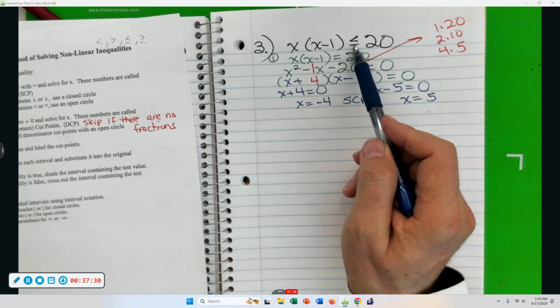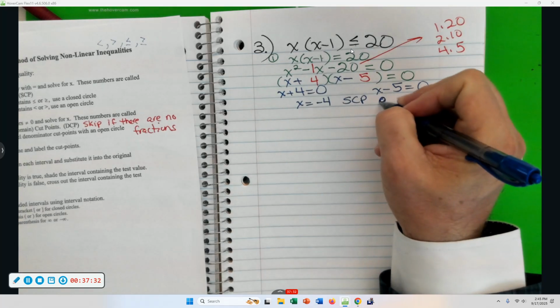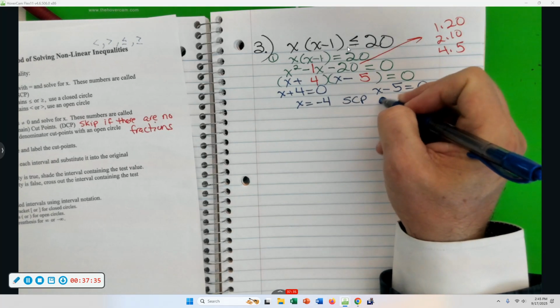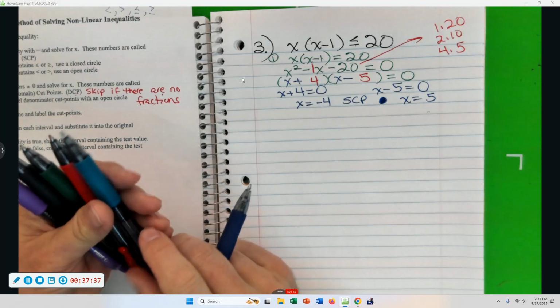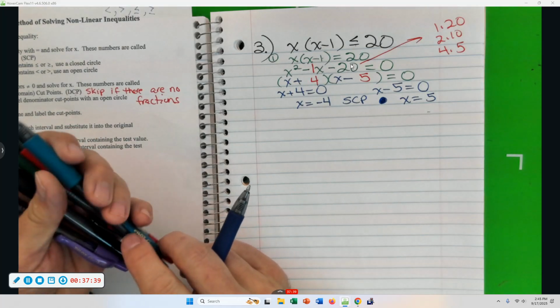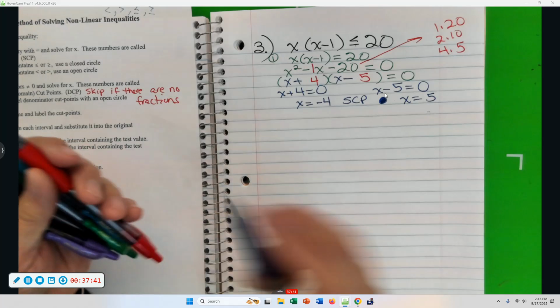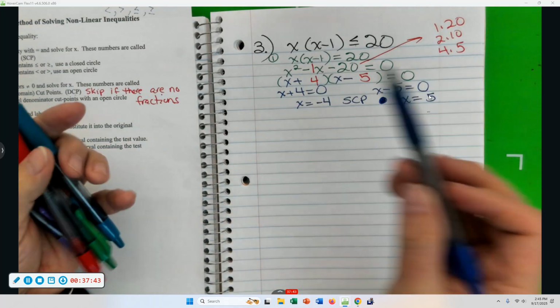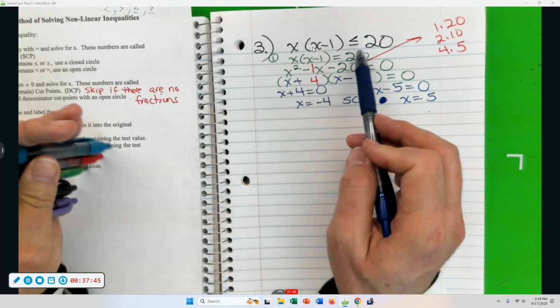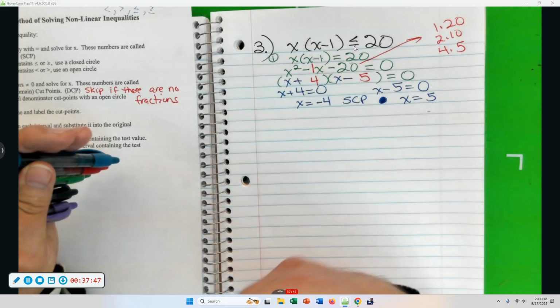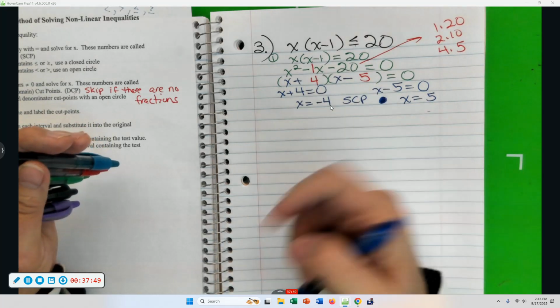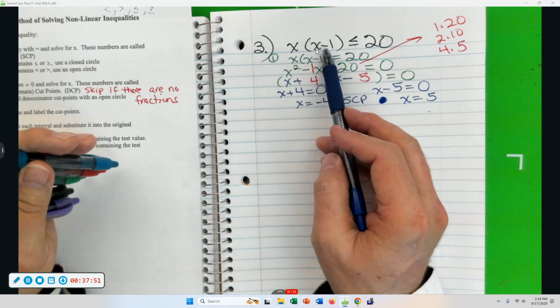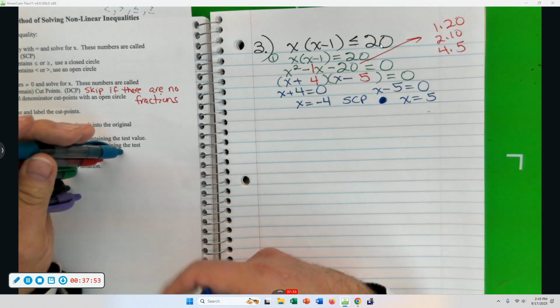Is equality allowed? Yes, that's why we use a closed circle. On number 1, equality wasn't allowed, so you couldn't use those numbers. But if you plug in 5, you're going to get a 5 times 4. Sure enough, that equals 20. If you plug in a negative 4, you're going to get a negative 4 times a negative 5. That also equals a positive 20.